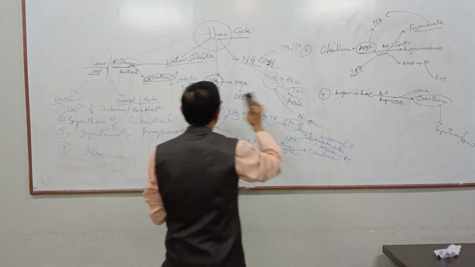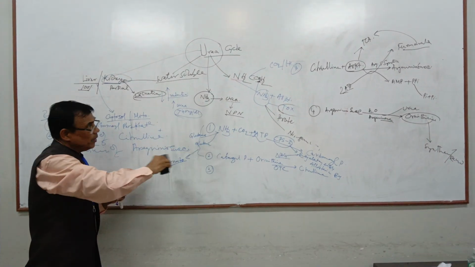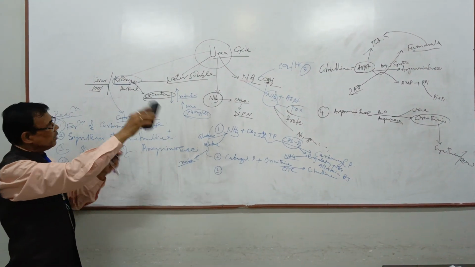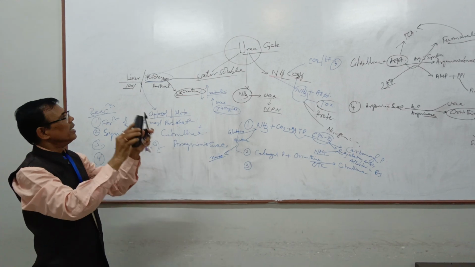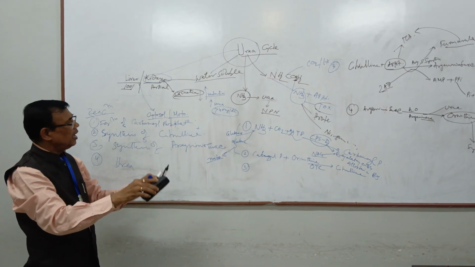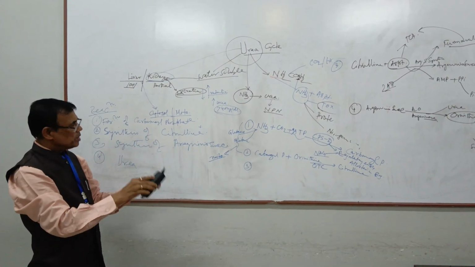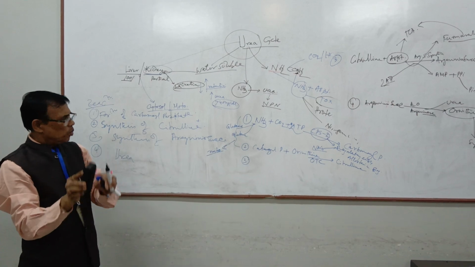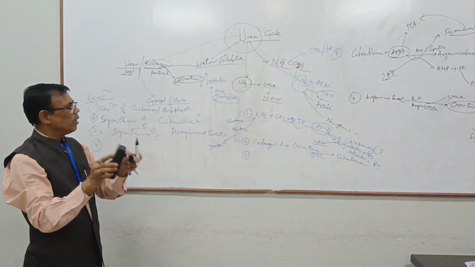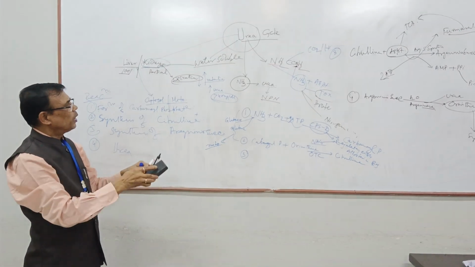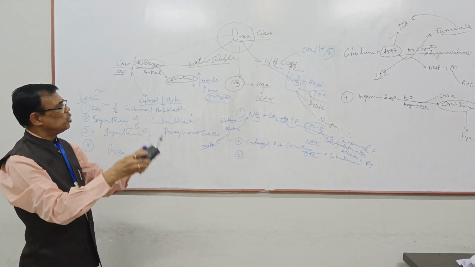Okay, so now I draw the full cycle. Summarizing before we erase it all, we have read that urea is water soluble, and it is mainly made from ammonia plus carbon dioxide. Ammonia is toxic, so the body has enough capacity to neutralize the ammonia.